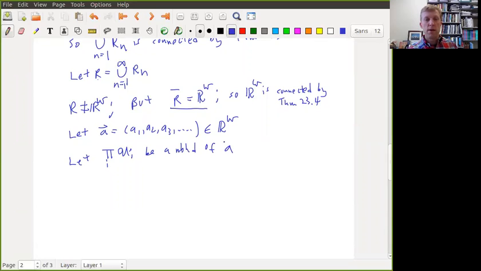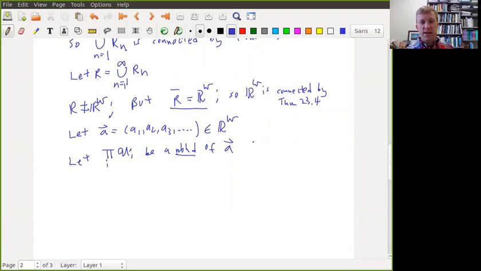Keep in mind what that means in the product topology: this is a basis element. More precisely, let this be a basis element containing A, because if you can show that any basis element containing A intersects R infinity, then any open set containing A will intersect R infinity.